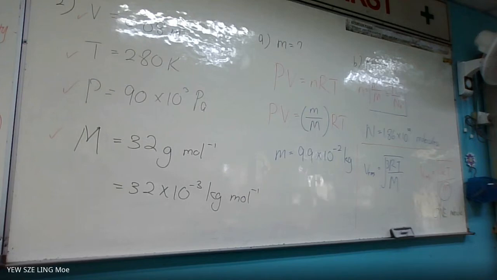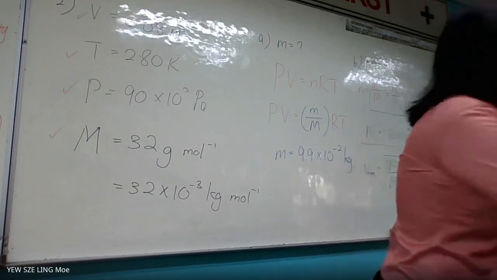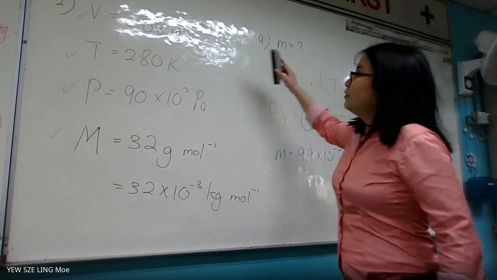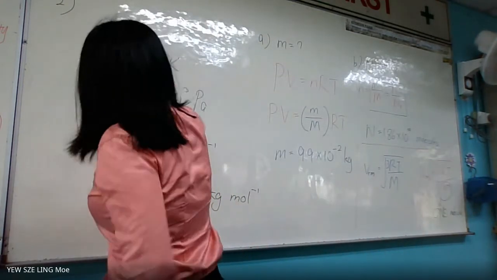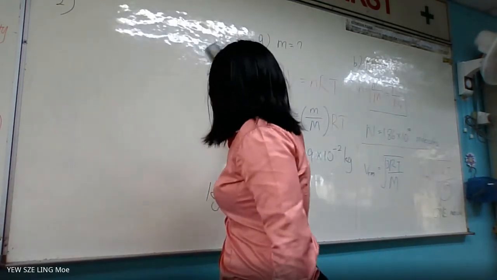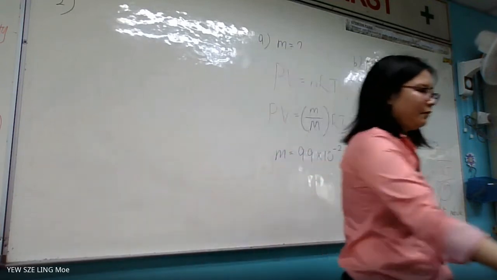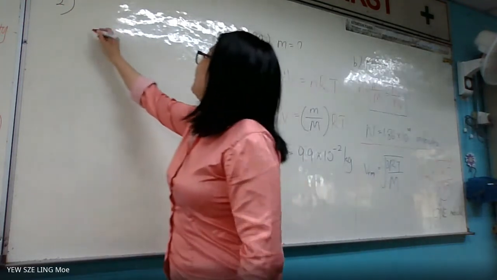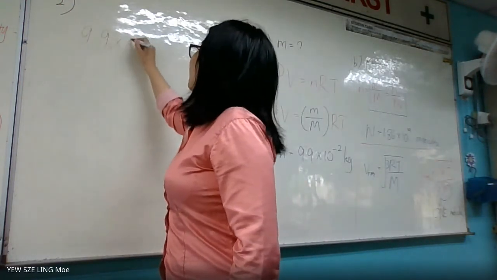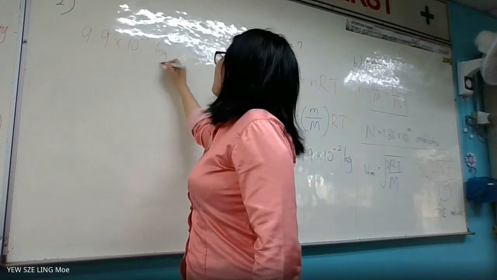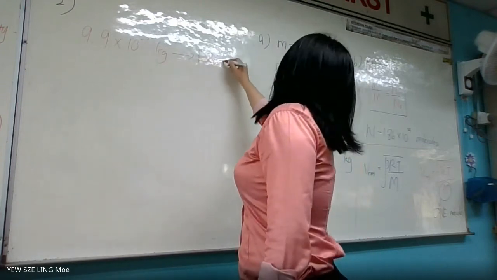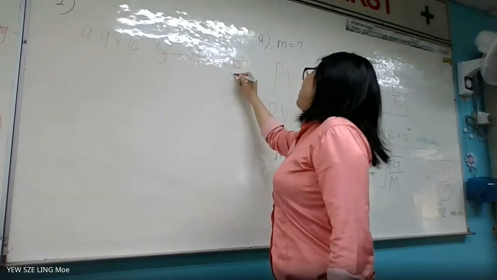Besok semua tak tahu macam mana nak kira mass for one molecule. Okay, now we know 9.9 times 10 to the power of negative 2 kg is the mass for 1.86 times 10 to the power of 24 molecules.